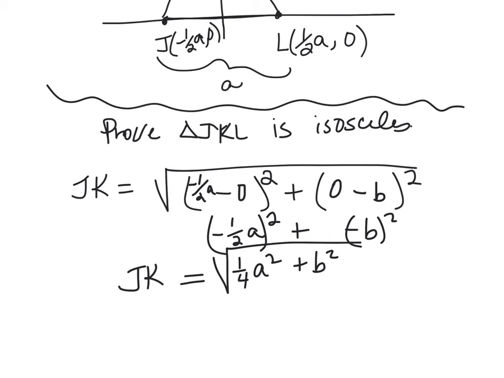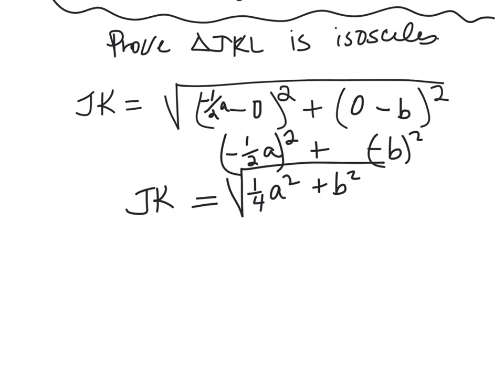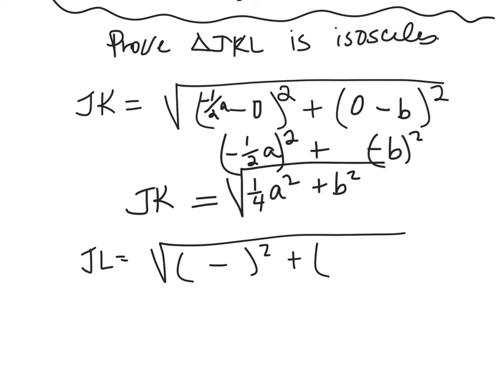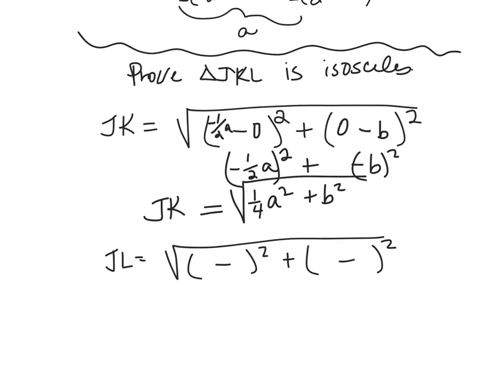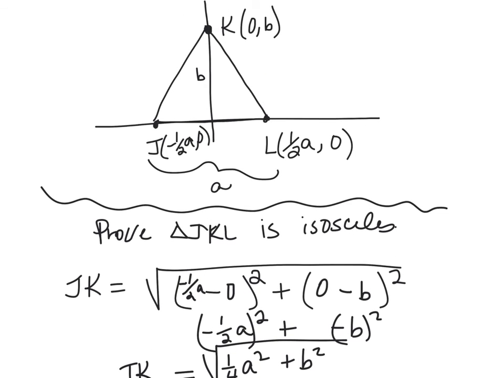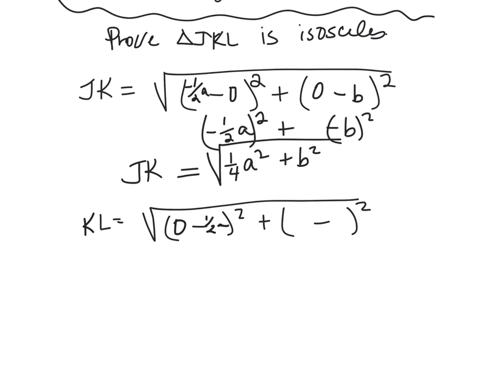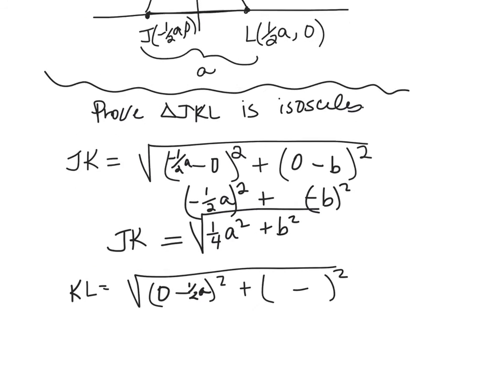So as long as KL is the same length, it doesn't matter that I don't have a number there, okay? So let's do the distance between K and L. So we'll have our x's subtracted and squared, and we'll have our y's subtracted and squared. Okay, so K, 0 minus 1/2 A, and our y's are B minus 0.